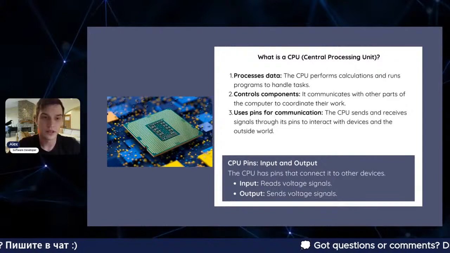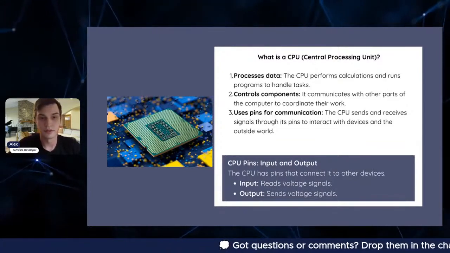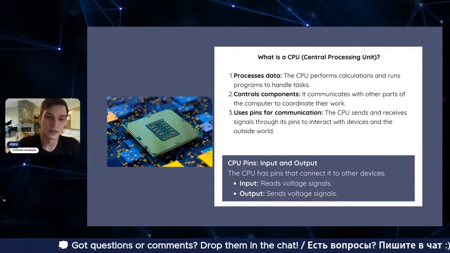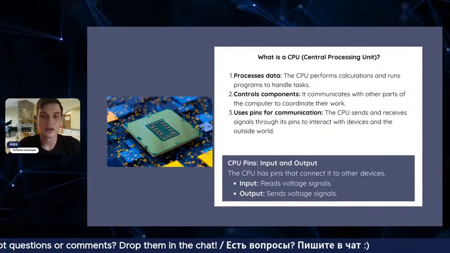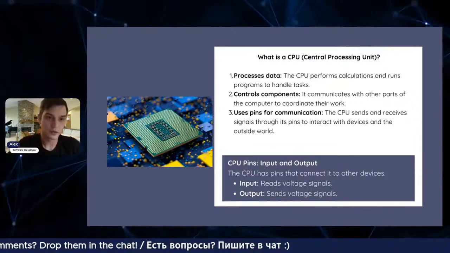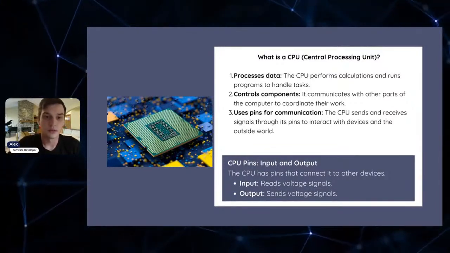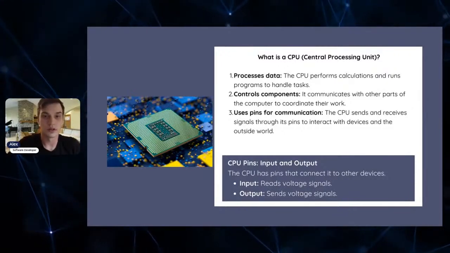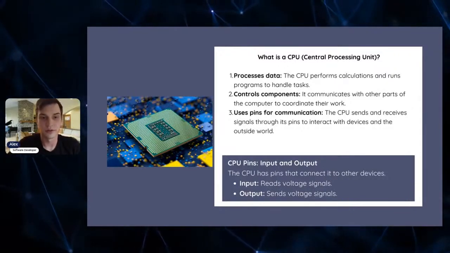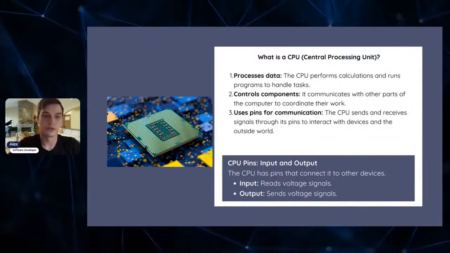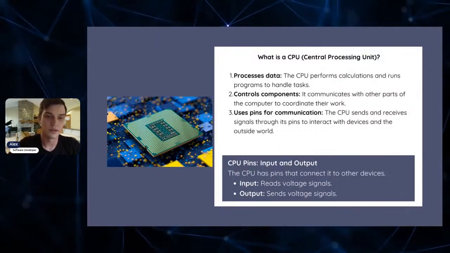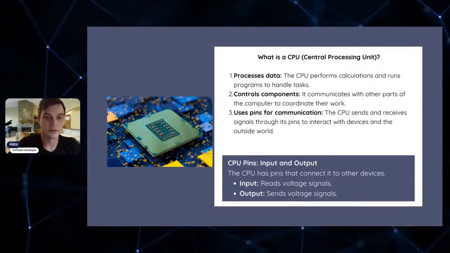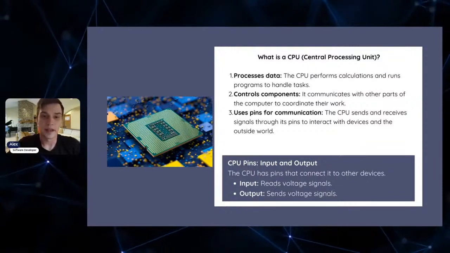It takes some data, does some operations with it, maybe summing, multiplying or something else, and stores it in its memory. Then the CPU controls the components of the computer. It controls everything. It controls memory. It controls, for example, network interfaces. It controls graphic interfaces like video cards, and so on.